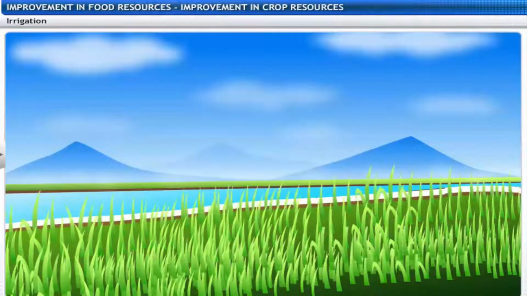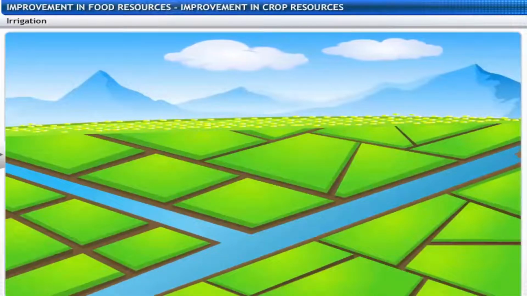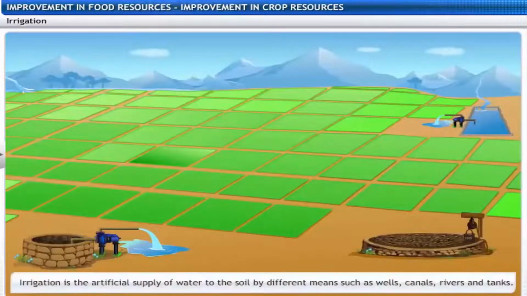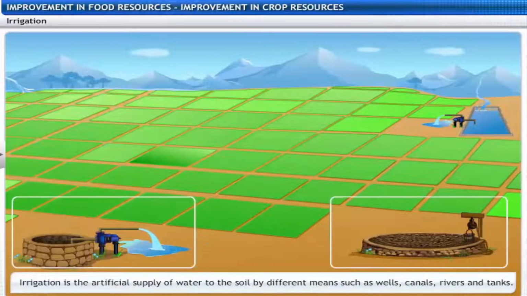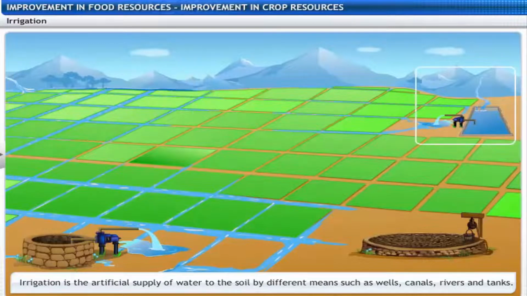To ensure that crops get water at the right stages of their growing season, more agricultural land needs to be brought under irrigation. What is irrigation? Irrigation is the artificial supply of water to the soil by different means such as wells, canals, rivers, and tanks.